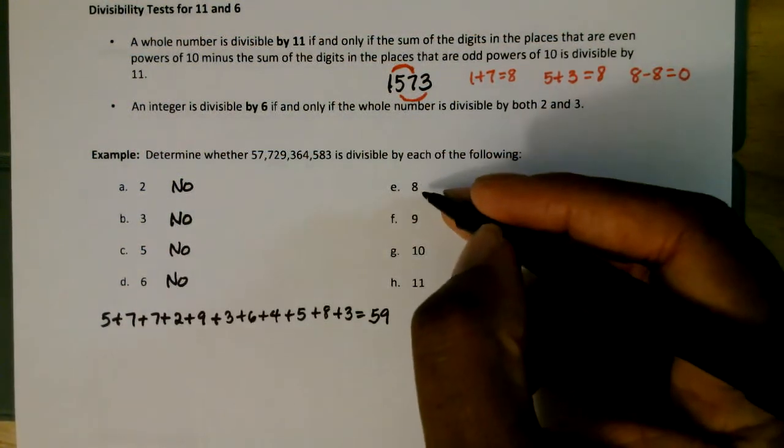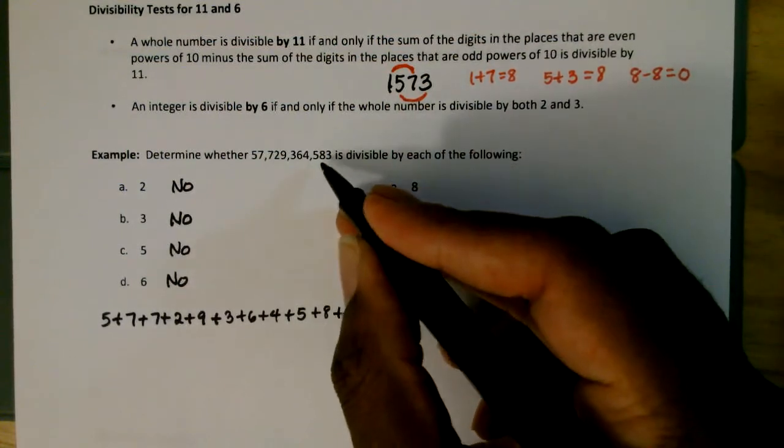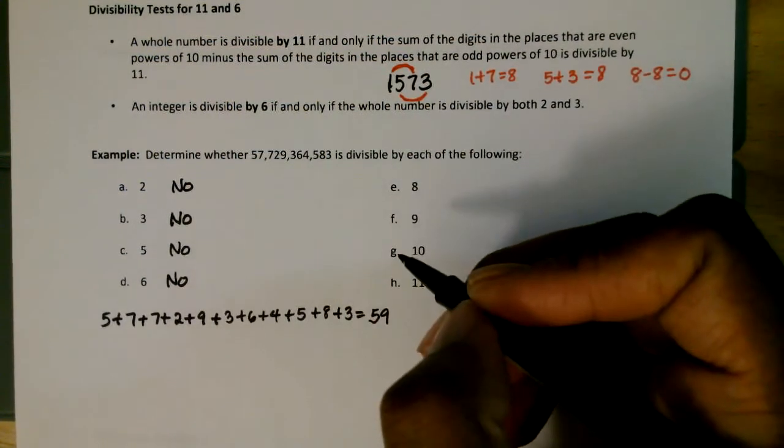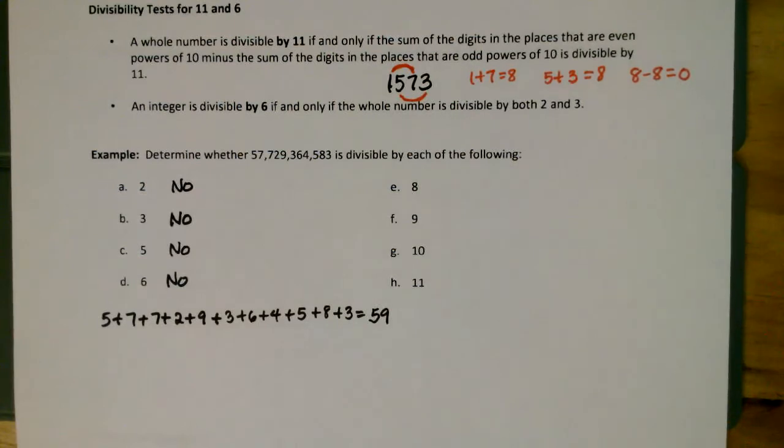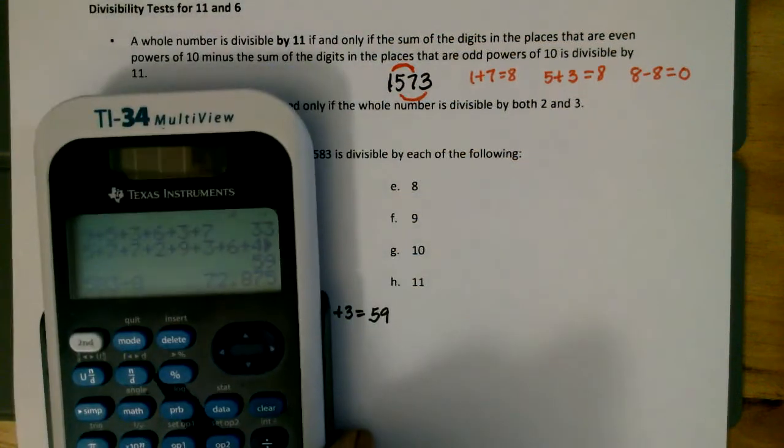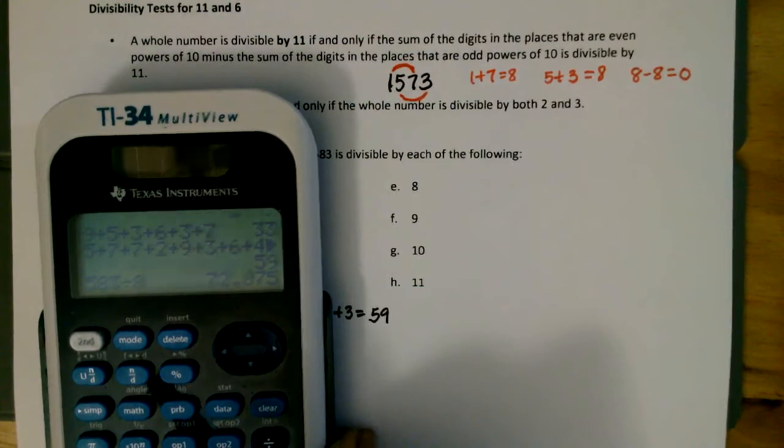What about by 8? Well, if we look at the last 3 digits in this number, which is 583, it must be divisible by 8. And here I'm going to get a decimal for that because I'm going to get a remainder if I try to do 583 divided by 8.